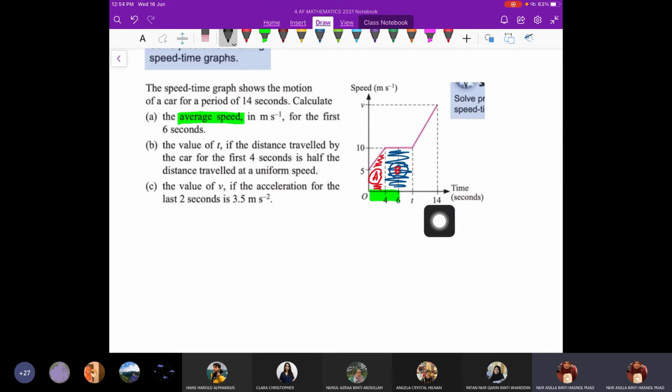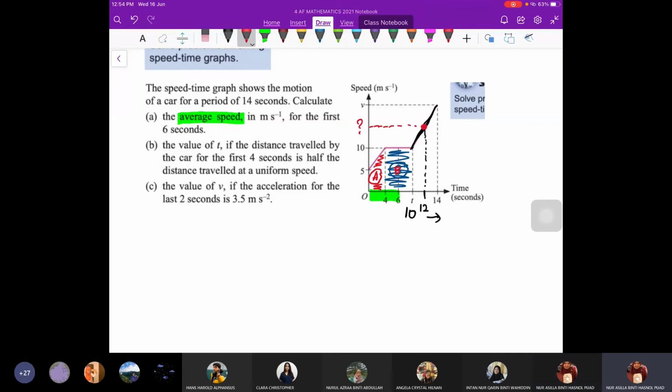So T adalah 10. So last 2 seconds patutnya kat tengah-tengah lah, 12 until 14. Tapi since gradient, kita dah kata as long as dia di garisan yang sama, any points kita boleh guna pakai asalkan dia di garisan yang sama. Okay, so the value of V, saya tidak tahu point yang kat tengah-tengah ni.